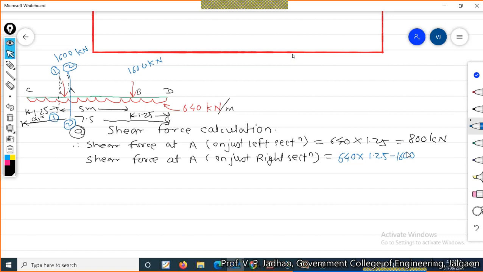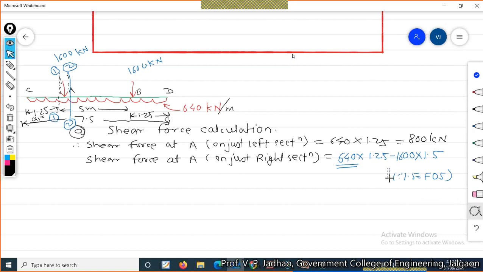Now, but this is an unfactored load. This 1600 is unfactored load, whereas this 640 is a factored soil pressure. Therefore, multiply this 1600 with 1.5. This 1.5 is your factor of safety.